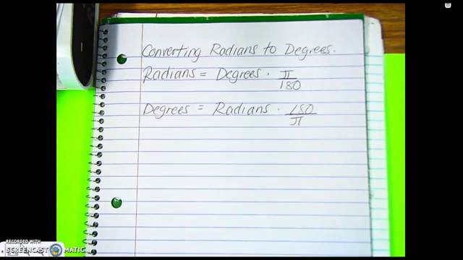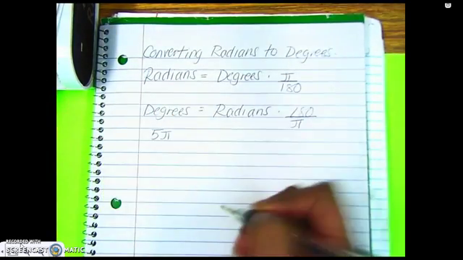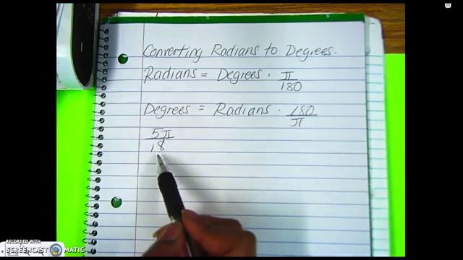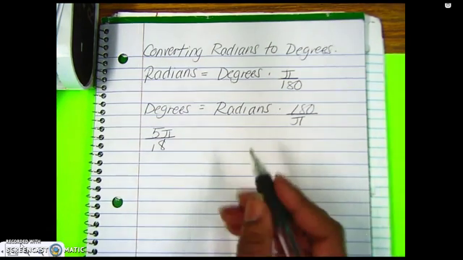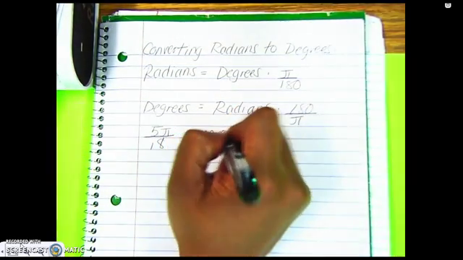All right, so this part of the video is about converting radians to degrees and vice versa. So the first thing we're going to do is take an angle measure of 5 pi over 18. Okay, is this in radians or degrees, do you think? Yes, it's in radians. All right, so we're going to convert this to degrees.